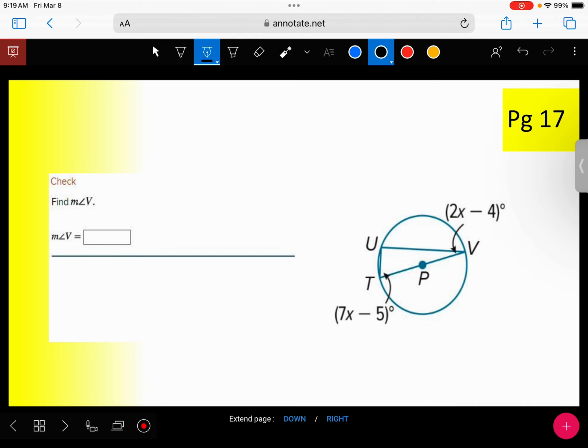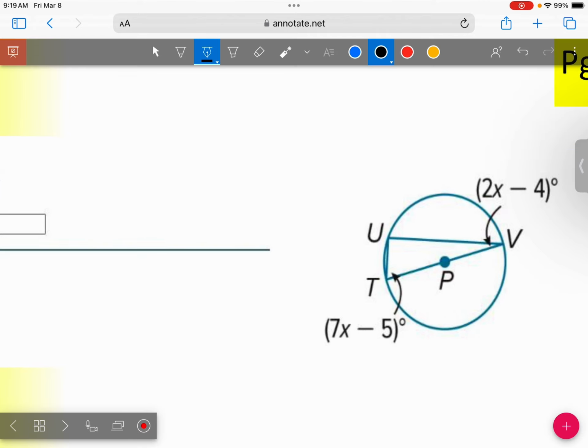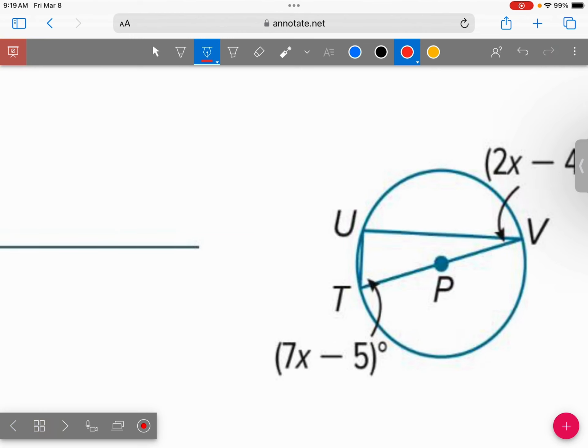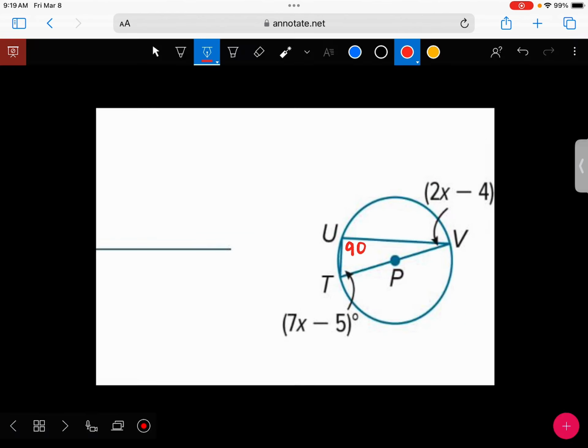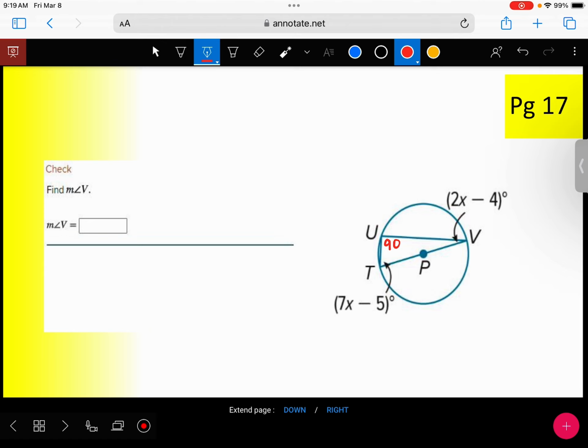All right, let's do the same thing here. So now we have to find the measure of angle V. Because this is a diameter and this angle is intersected by this diameter, I'm going to put a 90 right here. Go ahead and put your 90. And let's write our equation.